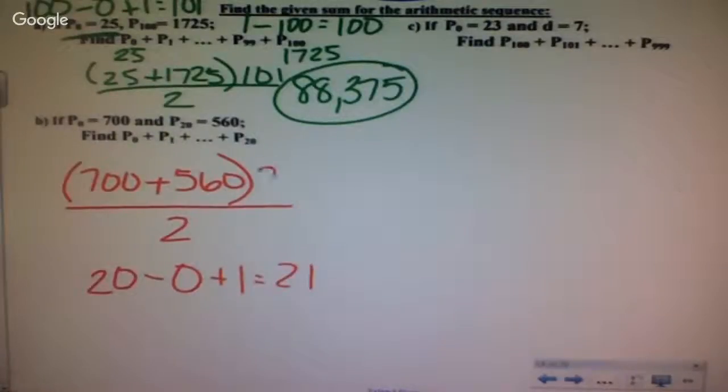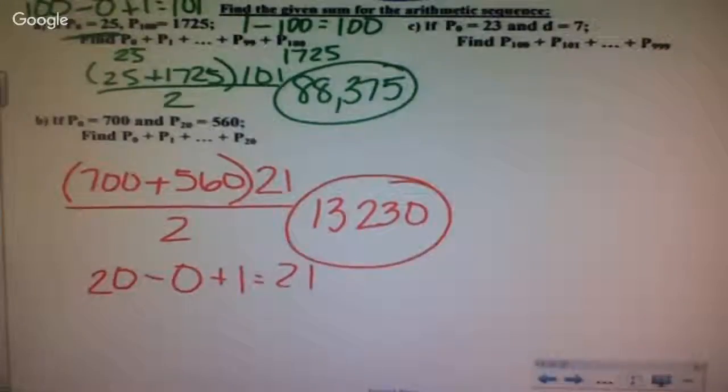That means I have 21 numbers that I'm adding together. So my n value is 21. 13,230 is my total.